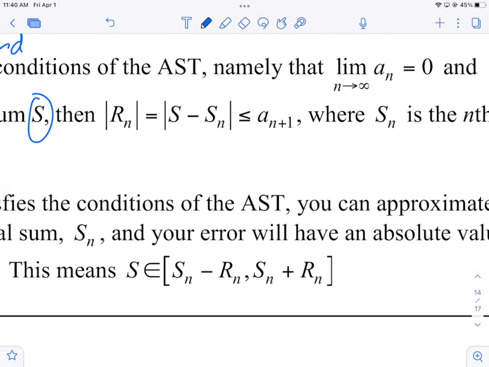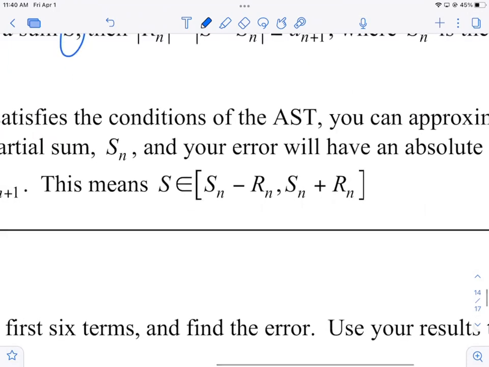So a sub n plus 1 is the first unused term, and we call that the remainder or the error bound. You can actually then trap it in an interval. If you take your partial sum of the first n terms and you subtract the remainder, the first unused term, you get the lower bound. And if you take your partial sum and add the remainder, the first unused term, you get your upper bound.